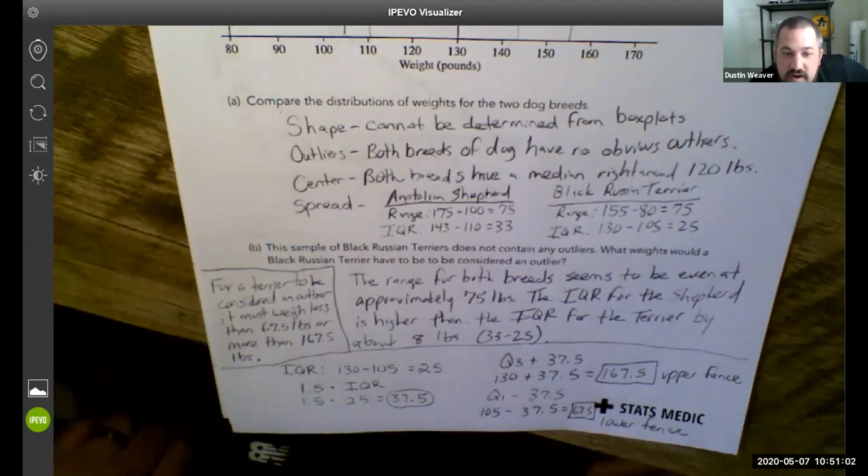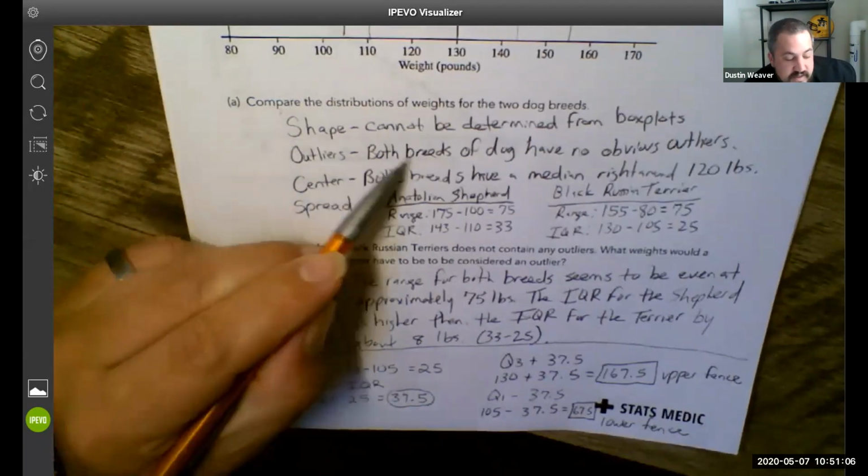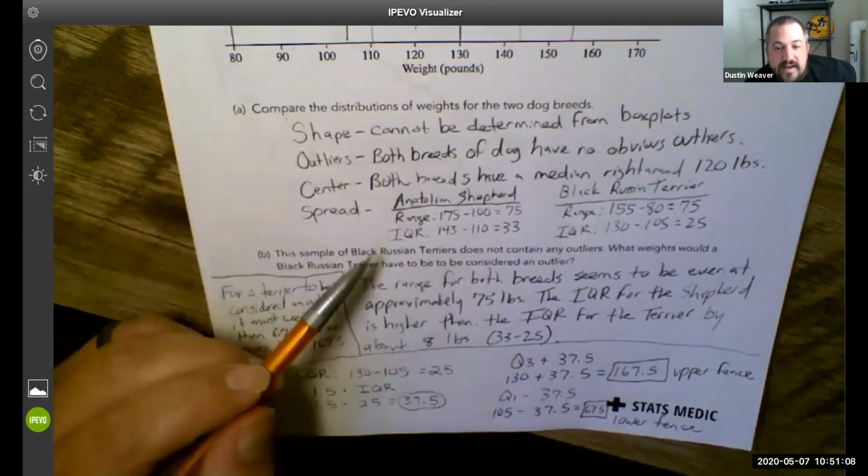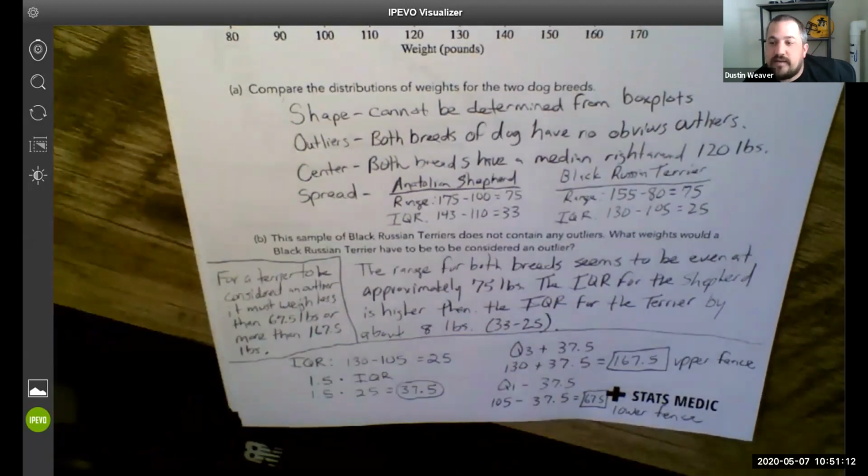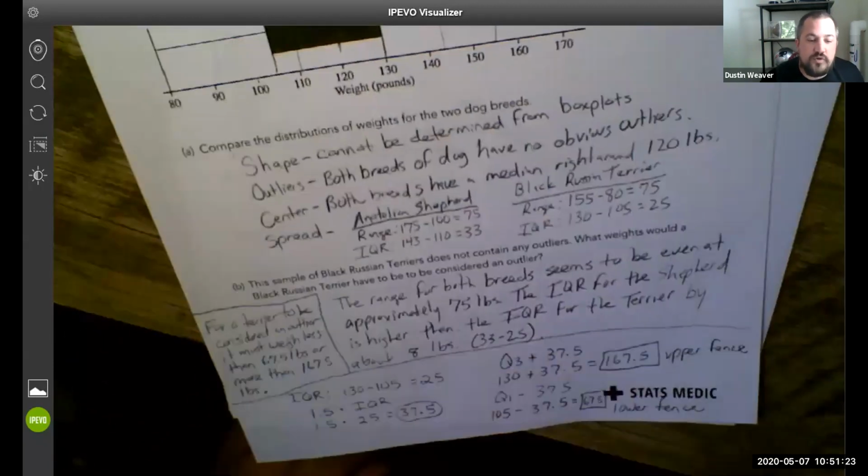So when it says compare, you've actually got to use those words, like both of them have this, or one is higher than the other, or they are close or the same. So you've actually got to compare the 2. Okay? So that is your practice free response question for Unit 1.